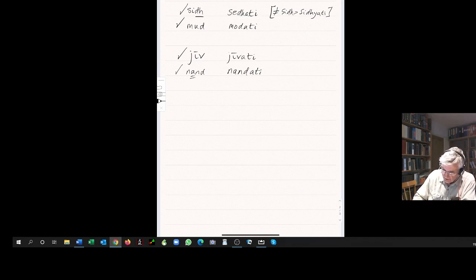Oh, I forgot to give you another one. Vrdh, to grow or to increase. Guna of ri is ar, so vrdh becomes vardhati, to grow or to increase.